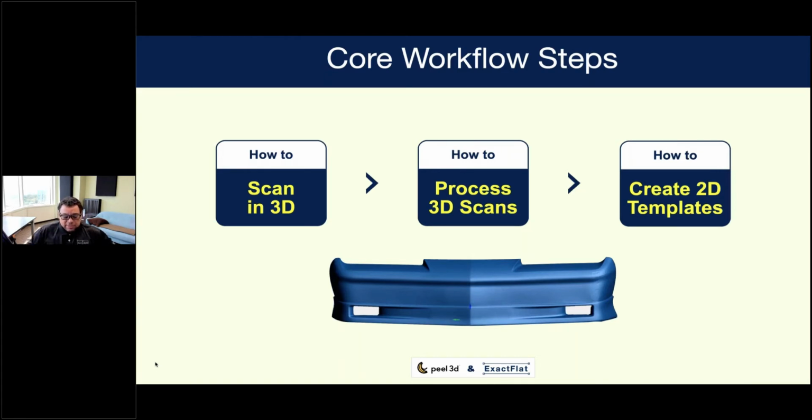This is the process that is used both by aftermarket template makers who make templates for vehicle wraps. It could be graphical templates or just paint protection templates, as well as OEM providers like 3M and others. This is exactly the process that they use to make their templates.